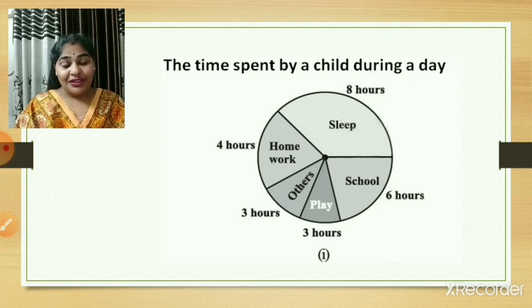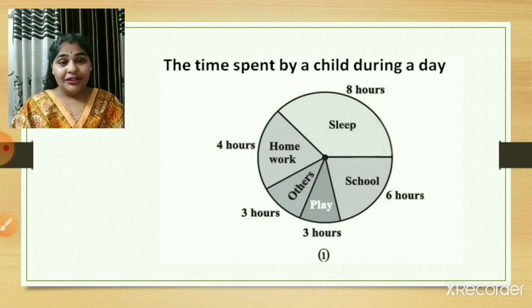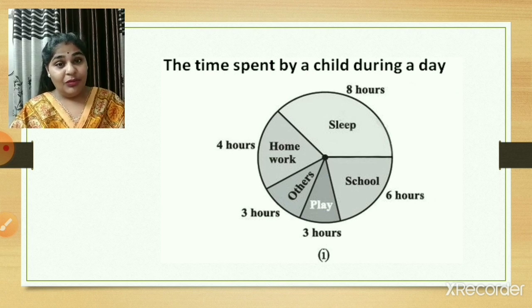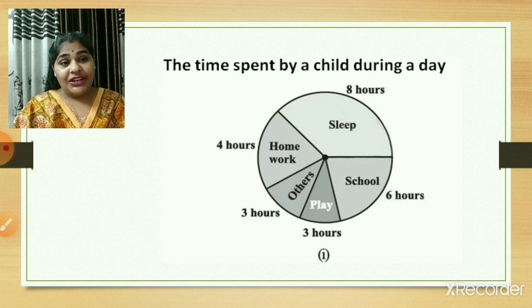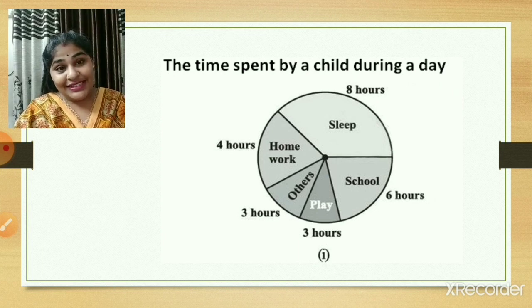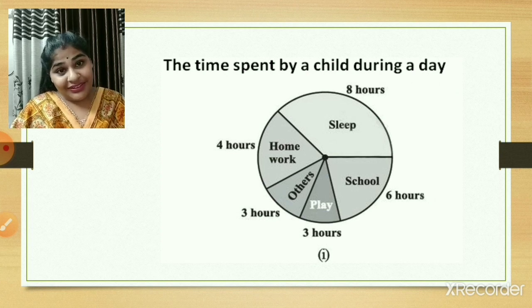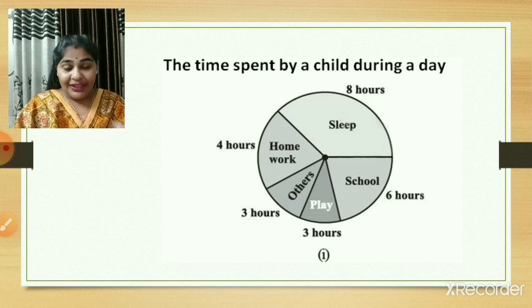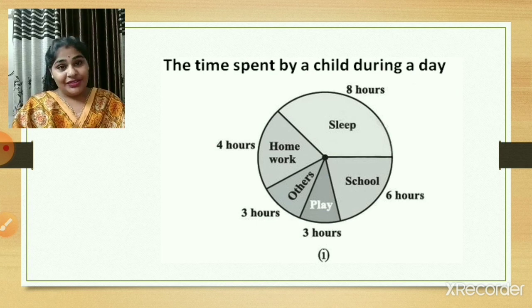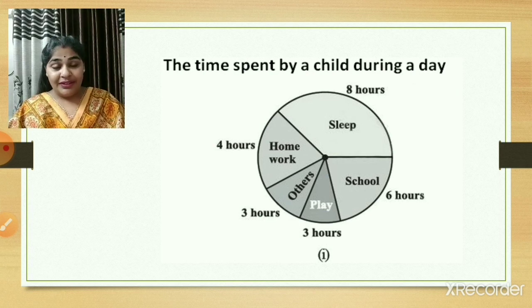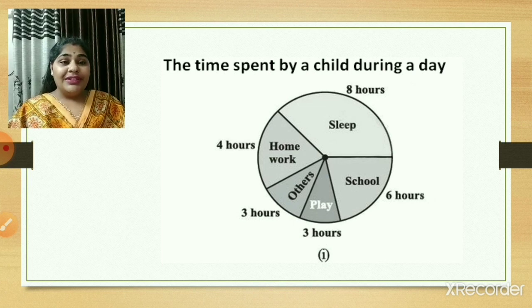If I ask what the child spends most of the time in, looking at the pie chart you can see that the child is sleeping the maximum time, that is 8 hours, right? 4 hours the child is doing homework, 3 hours doing other things, 3 hours playing in a day, and 6 hours going to school in a day. His time spent in school is 6 hours. So this is the data given in the pie chart.